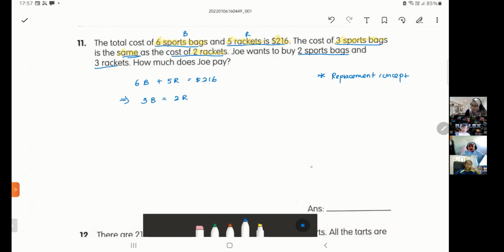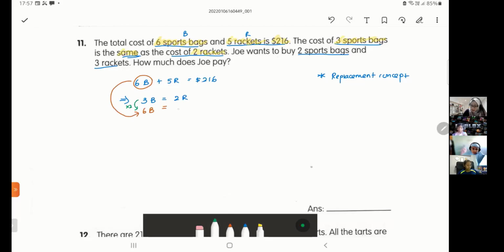Okay, right now, if you look at that, we have 6 bags to talk about. Correct? So 6 bags. I want to convert my 3 bags now to become 6 bags based on this. So from 3 to 6, I times it with 2.